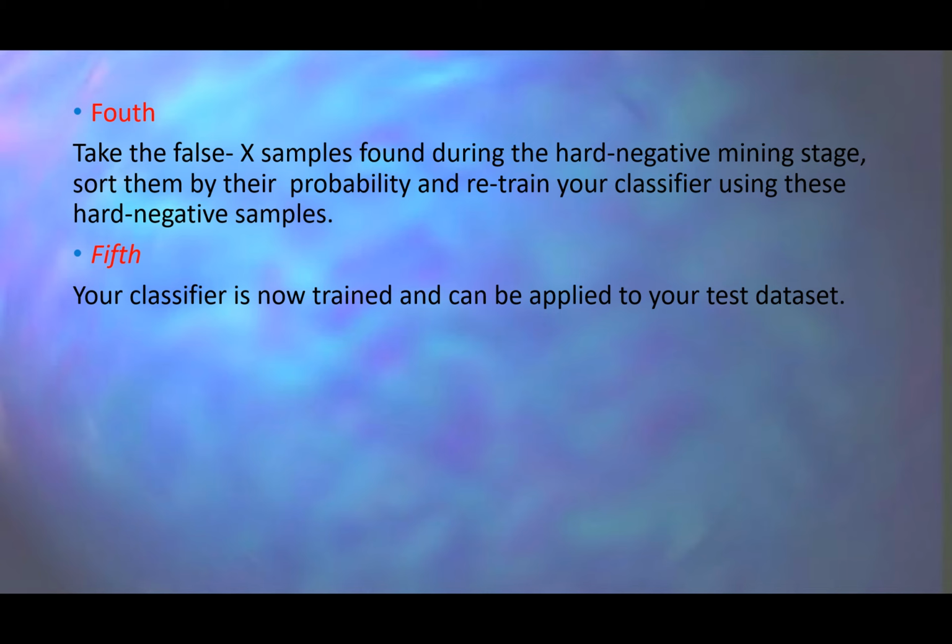Then, when you have only the positive X samples in that hierarchy of confidence, you retrain that classifier, the vector machine, using just the positive samples that you need to extract using HOG features.